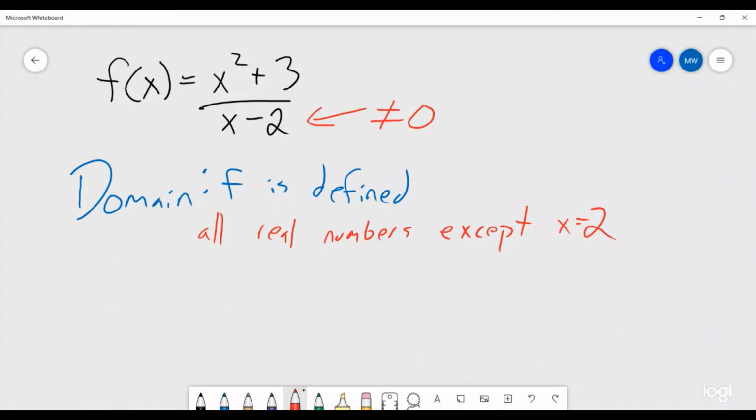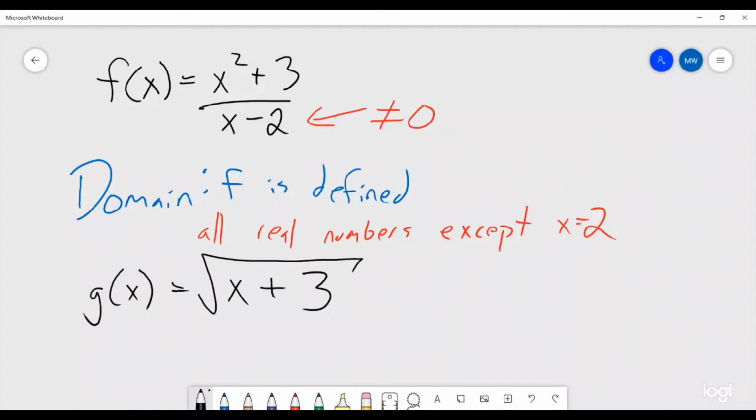So some other functions that we might be dealing with might be, for example, if we had a function g of x being the square root of x plus 3. Now, with a square root, what we have to have is the inside of the square root function, so this stuff here, has to be greater than or equal to 0.